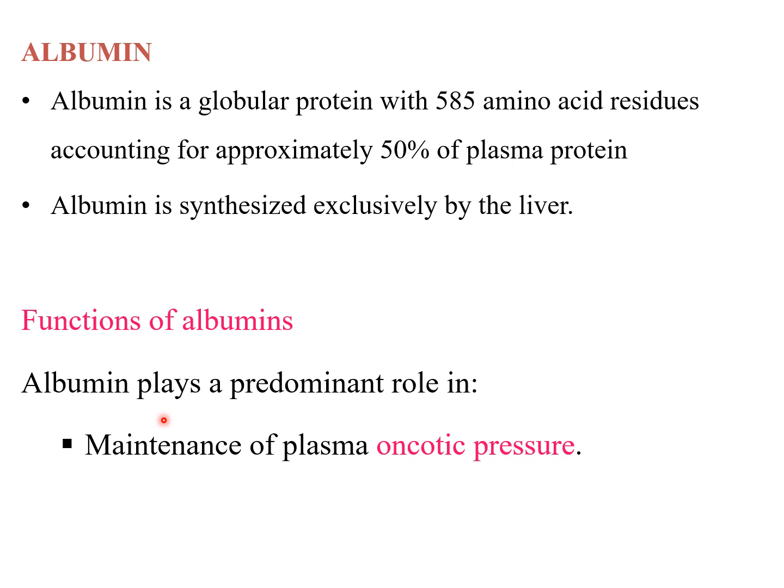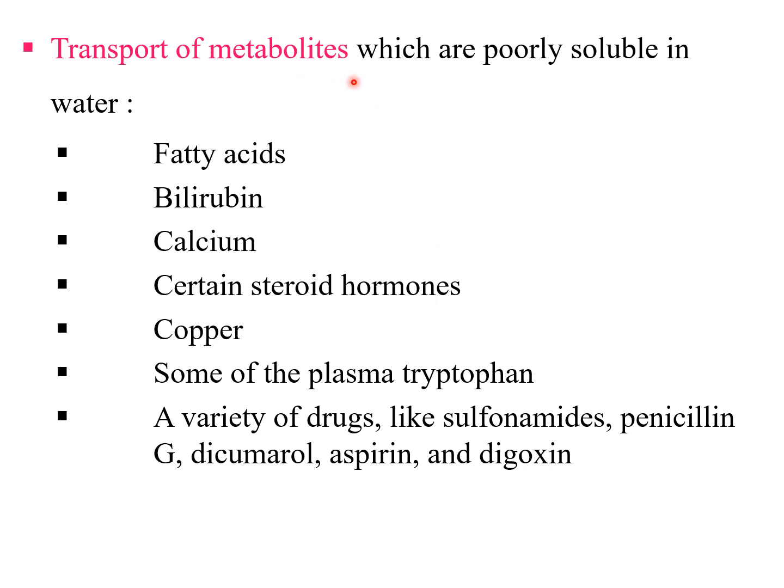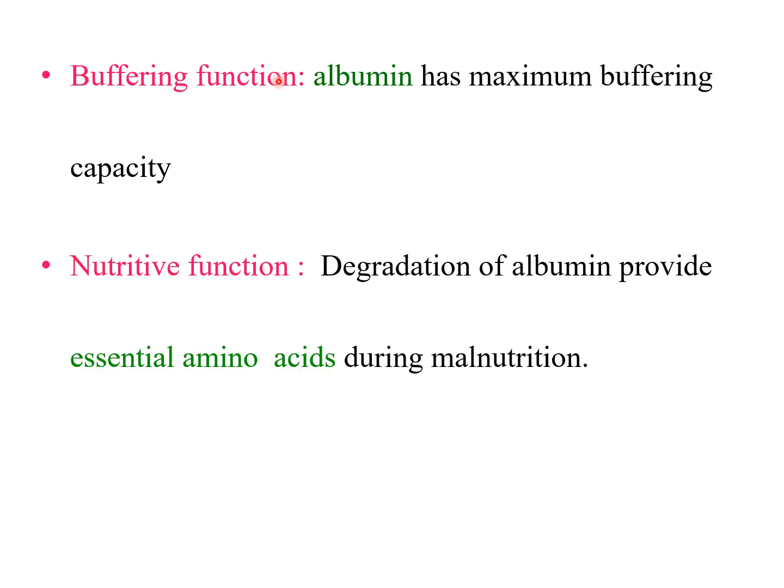Major important functions played by albumin are maintenance of plasma oncotic pressure, transport of metabolites like fatty acids, bilirubin, calcium, certain steroid hormones, copper, some of the plasma tryptophan, a variety of drugs like sulfonamides, penicillin G, dicumarol, aspirin, digoxin, all of them being transported by albumin. Besides, it also contributes to the buffering function and maintenance of the pH of various body fluids.